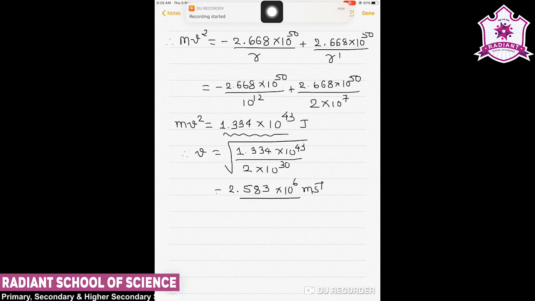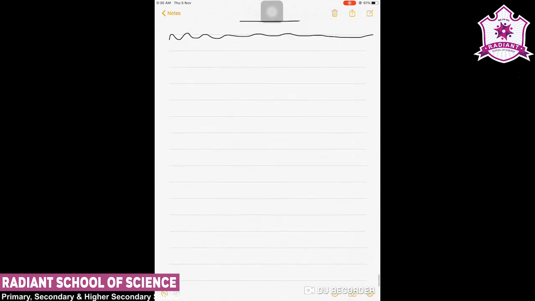Now we will move to example number 21 of the textbook, the illustration exercise. The information provided in the example is like this.